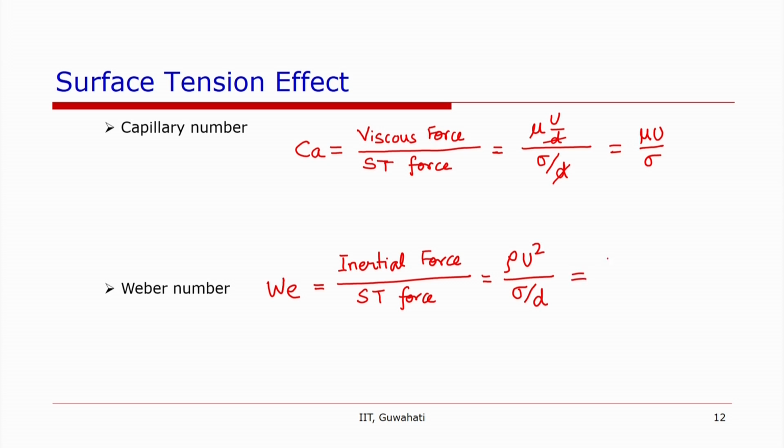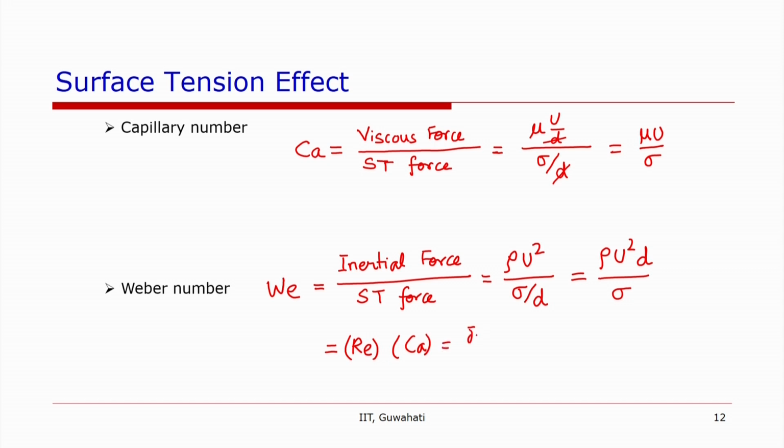So, this is rho u square d over sigma. Okay, so that is the Weber number, and one can see that the Weber number can be defined as a product of the Reynolds number and the capillary number.